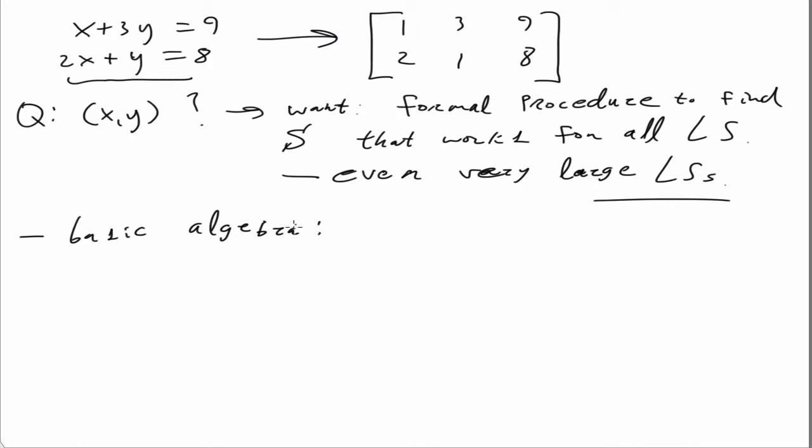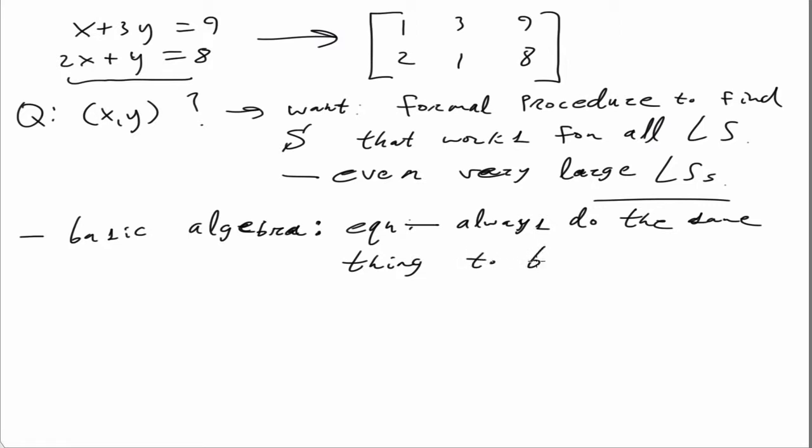So back when you were in high school or grade school or whenever you were learning algebra, the golden rule is, if you have an equation, always do the same thing to both sides of the equation.